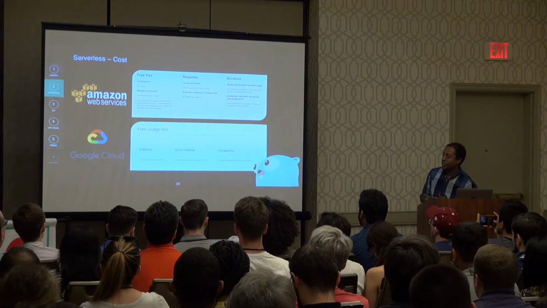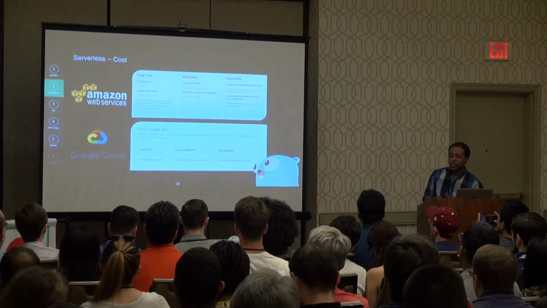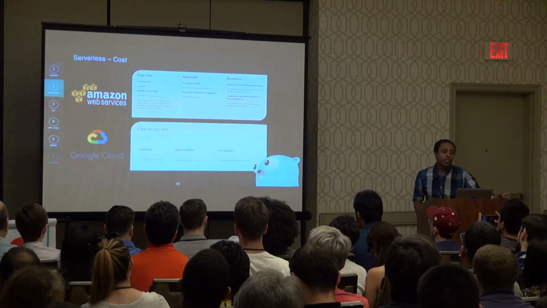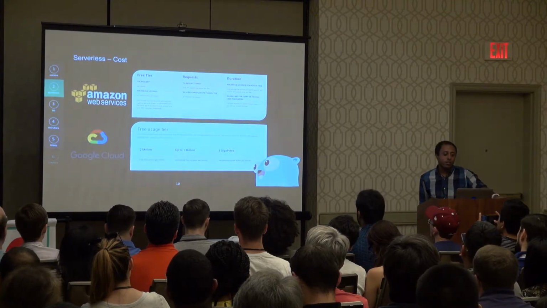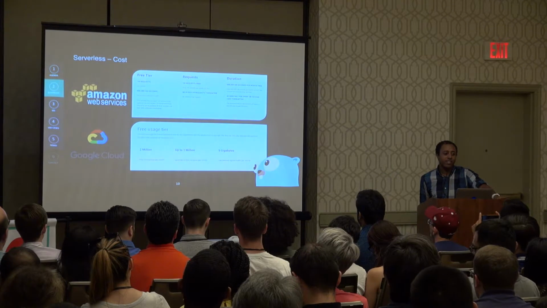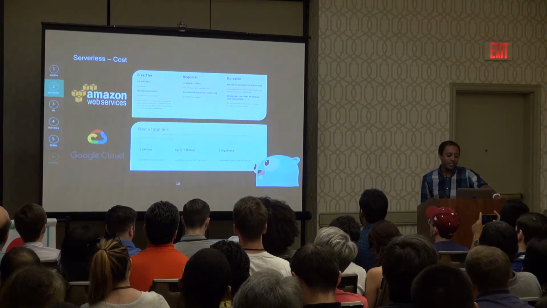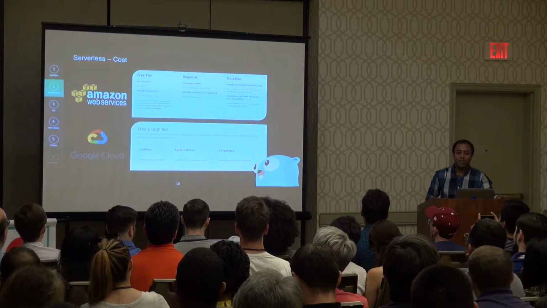It's actually double that for Google Cloud, whose free tier is 2 million invocations per month. So you can have your application running in Google Cloud or Amazon Web Services and probably never pay for it. It's a really nice tool.